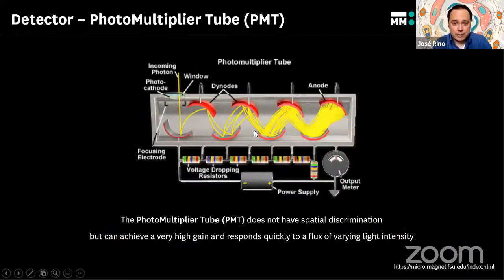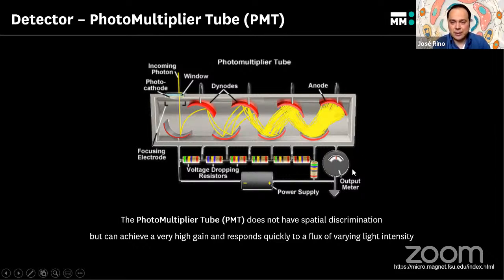So Telmo already talked to you about the photomultiplier tube. I will not go into great detail. I'll just say that it's the detector of choice for a confocal microscope because it's a very, very fast detector, as Telmo said. From a single photon hitting the photocathode, it's able to generate millions or tens of millions of electrons that we can quantify.